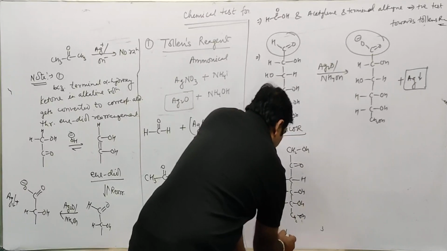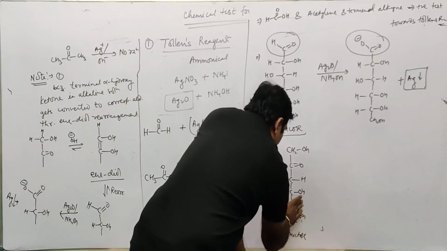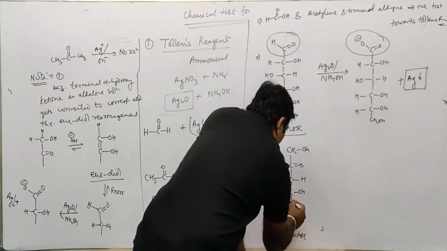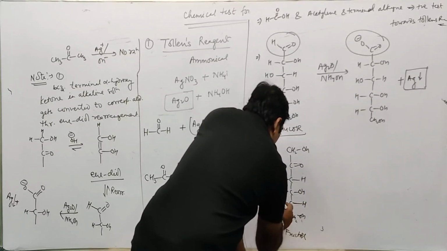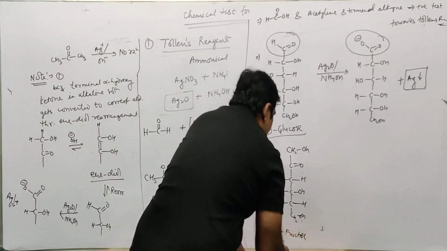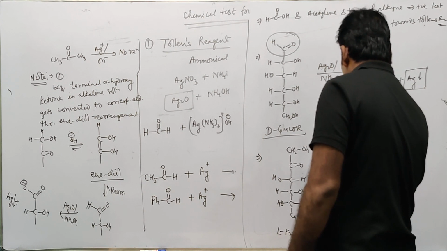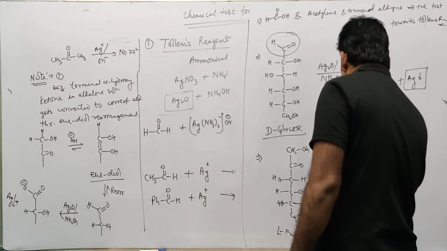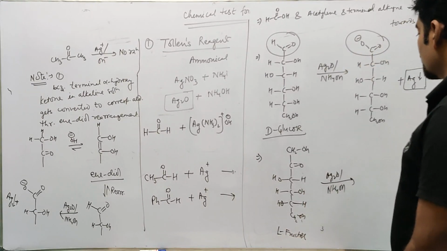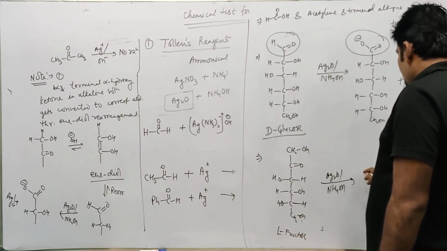This is fructose. And naturally occurring fructose is in the form of D. So let's say over here OH and over here OH. So this is fructose. When this fructose is added to Ag2O and ammonium hydroxide, this is Tollens reagent, they will respond positively.